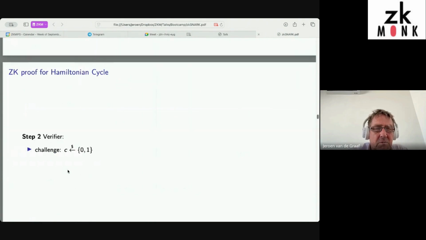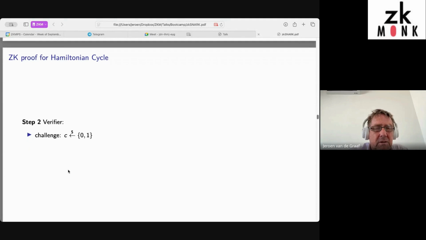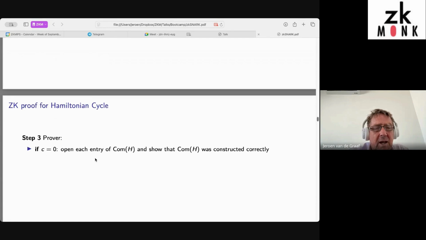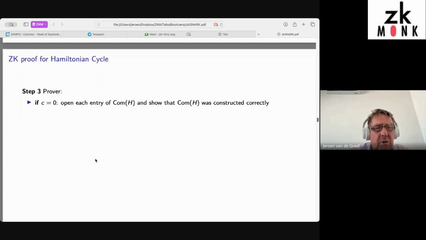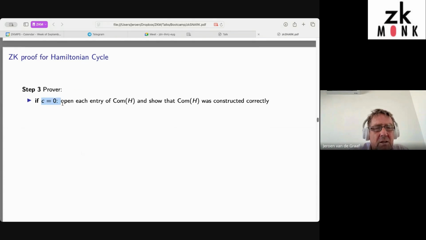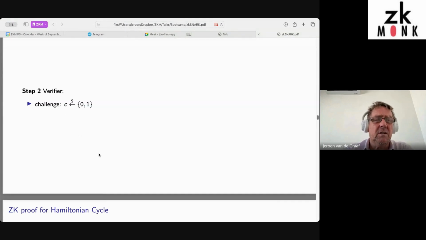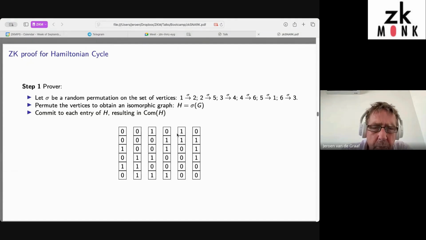And what the verifier does, well, we sort of expected this. It's going to flip a coin, going to send a 0 or a 1. And not very unexpectedly, if the challenge bit equals 0, then essentially the prover is going to open all these commitments, right? So it's going to show the original value of H. It's going to open H completely.